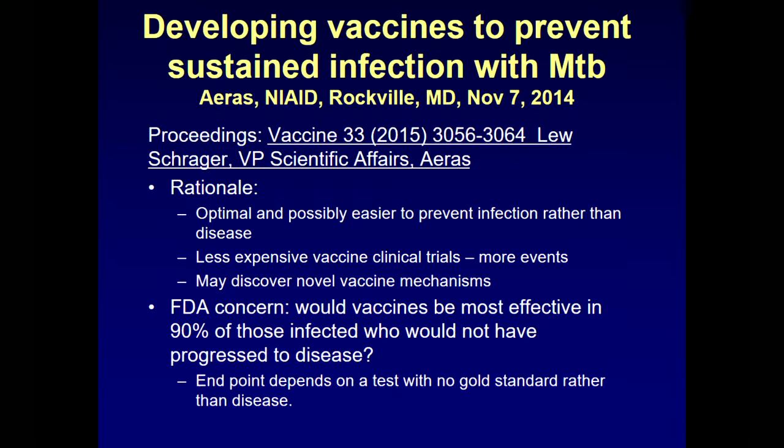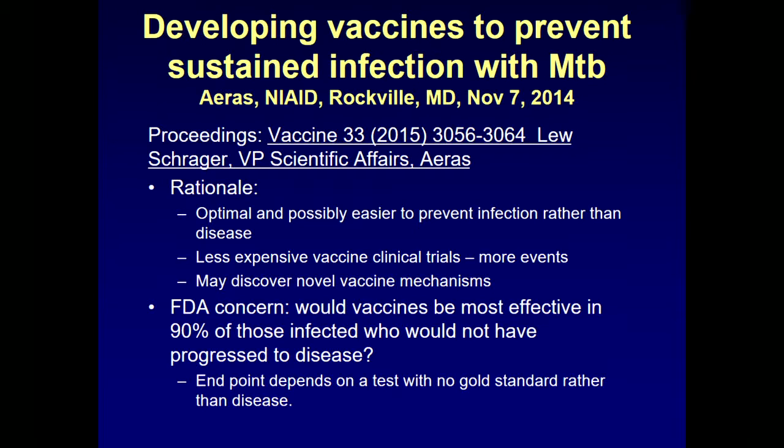The other reason for this study was an interest in alternative strategies, one being that vaccines might actually prevent infection. To show the interest in that, in November of 2 years ago, a workshop was held at NIH, and the rationale is that preventing infection is probably better than preventing disease, and less expensive trials because there are more events, perhaps, and may discover novel vaccine mechanisms.